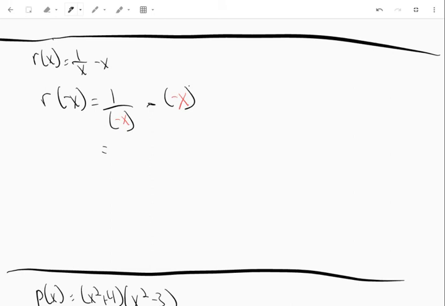So this will be 1 over negative x. And then over here I have a double negative. Okay, a double negative becomes a positive. So 1 over negative x plus x. Clearly, these are not the same. So this is not even.